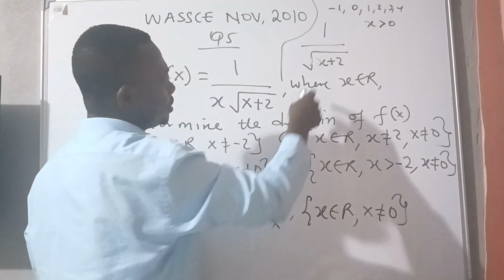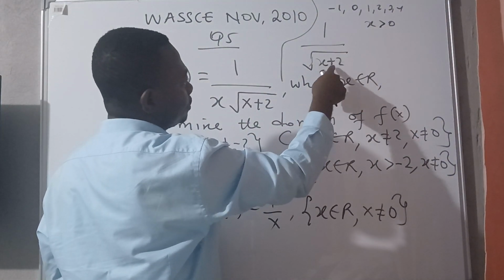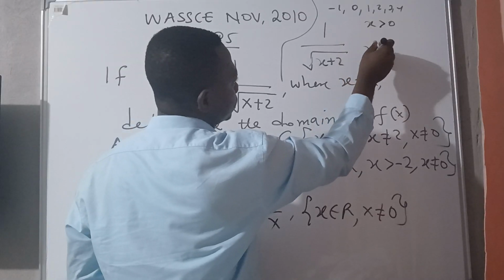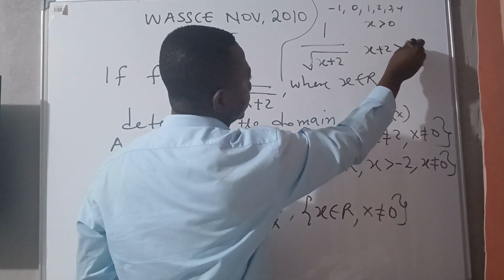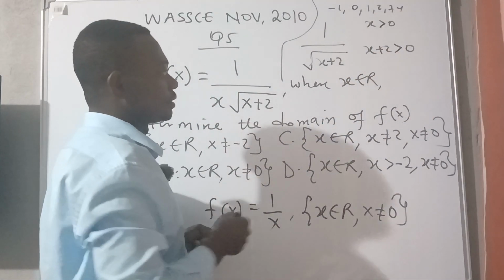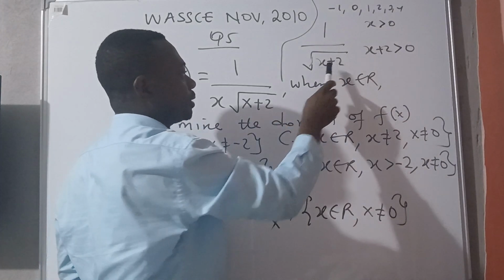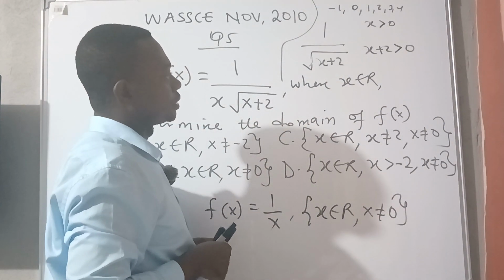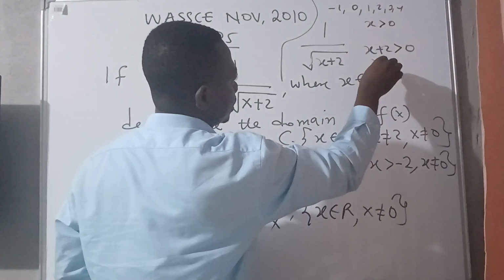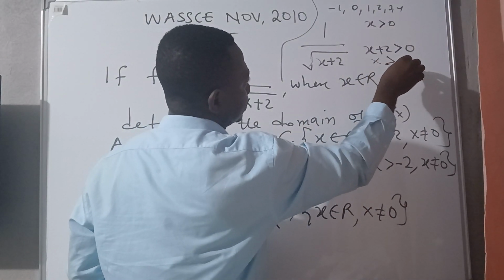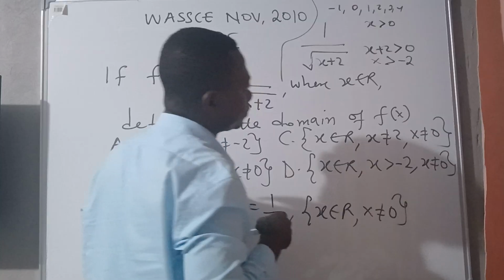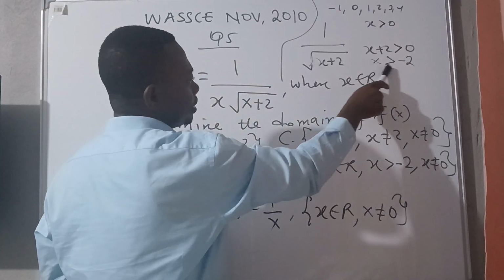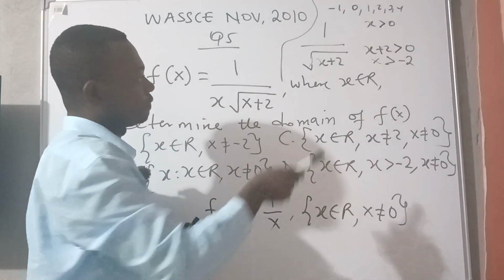So to state the domain of this, you will say x plus 2 must be greater than 0, telling us that 0 shouldn't be part of the numbers or the range. Okay, so from here x is greater than minus 2. Now x is greater than minus 2. Let's see if indeed it will fit this one.